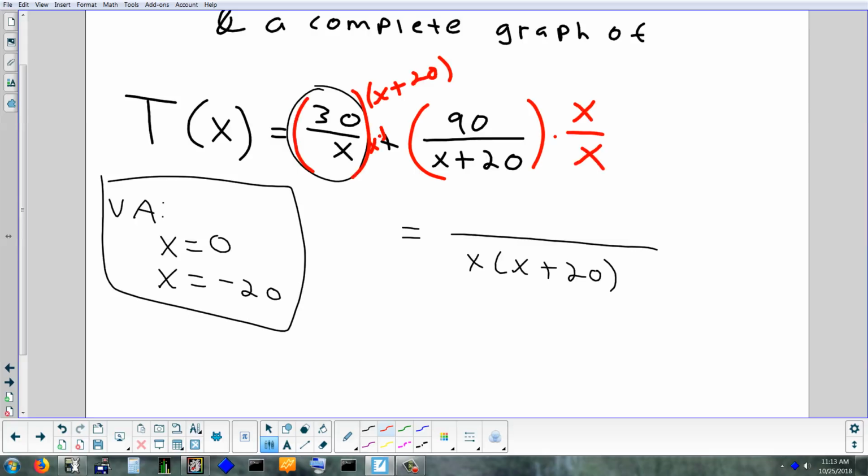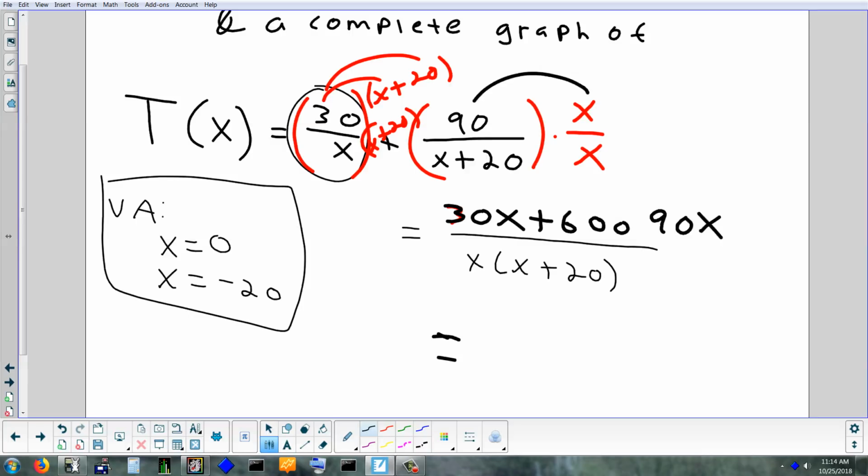Just squeezing in the x plus 20. So that's distributive. 30x plus, what's 30 times 20? 600. So 30x plus 600 plus 90 times x.